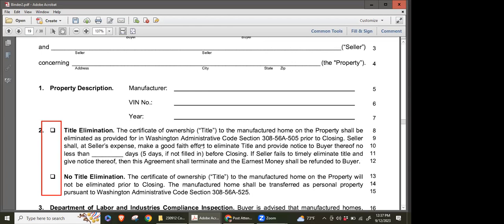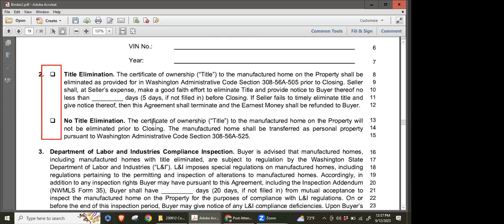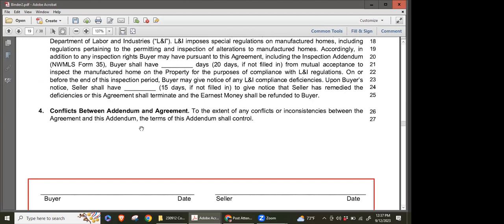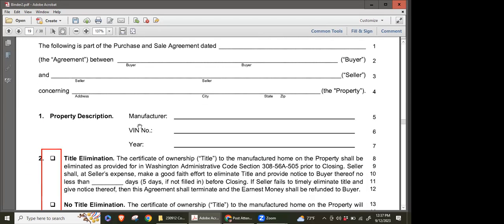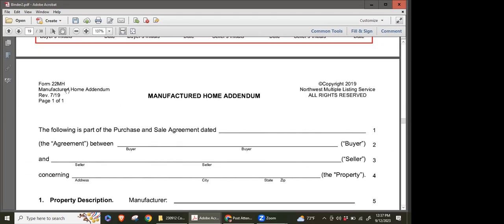So next week, Vanessa's going to help me and we're going to go over this form. I'll get into the manual and we will talk about it from escrow and also from a broker's perspective. So on this particular one, I just find out which one they have chosen. What form is it? That is a 22MH, manufactured home addendum.